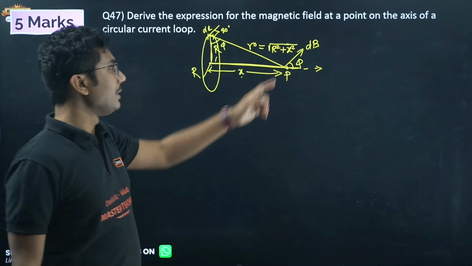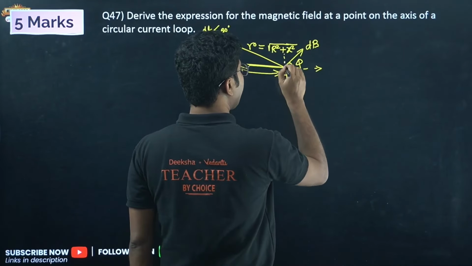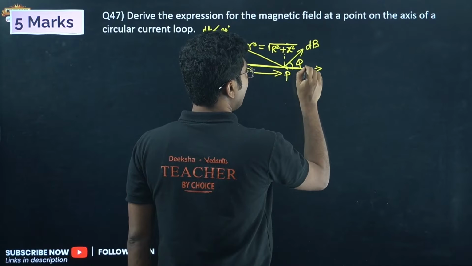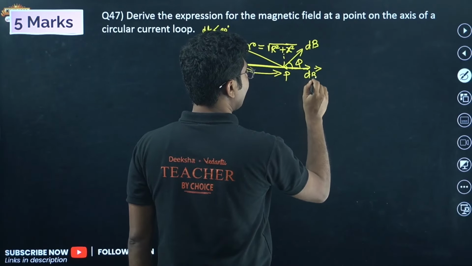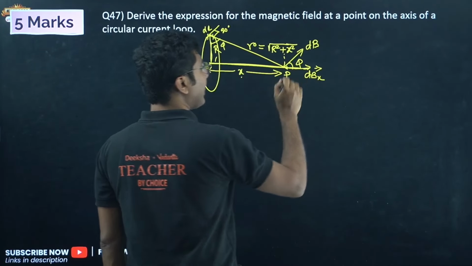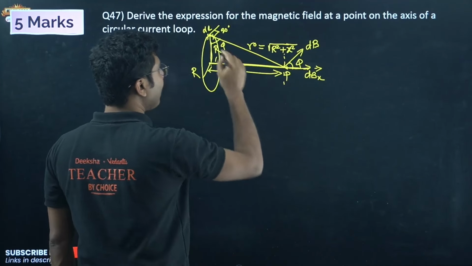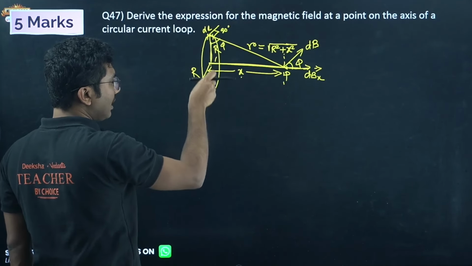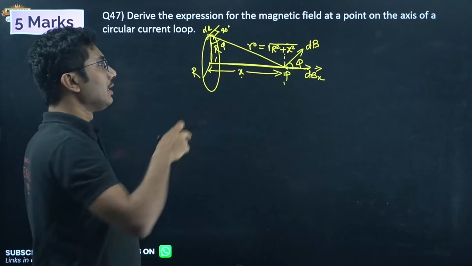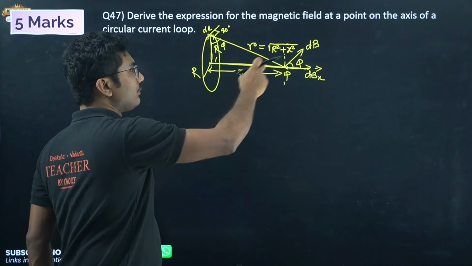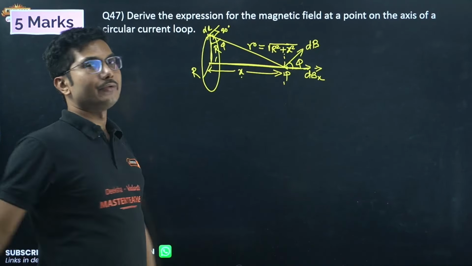Now this dB will have two components, one along y and one along x. So this is dBx. Due to the symmetry of the circle, dBy will be cancelled, because if you take the same element at the diametrically opposite point, the dBy due to that dl will be in the other direction, so the y components will cancel.